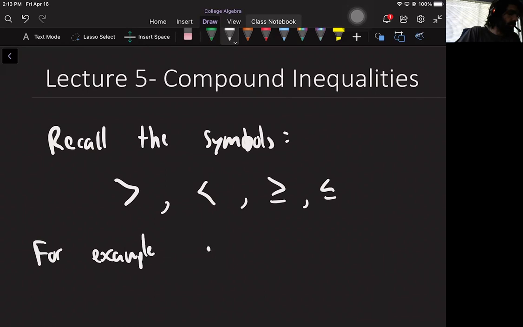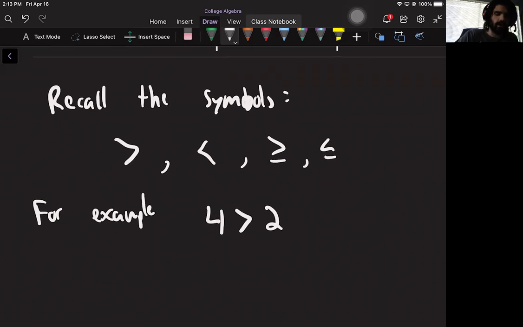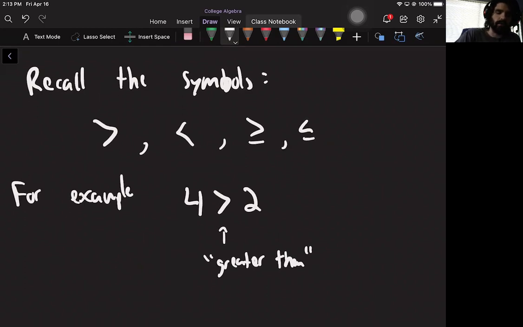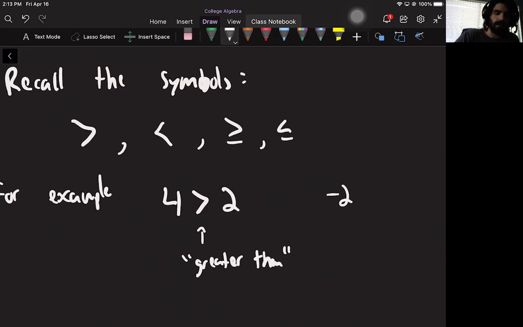For example, 4 is bigger than 2, so I can write this. And so what this is saying is greater than. This means greater than. And if I do something like this, -2 is less than 10, I could write this.